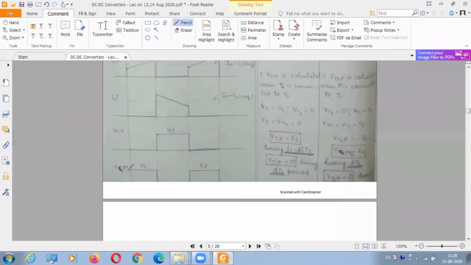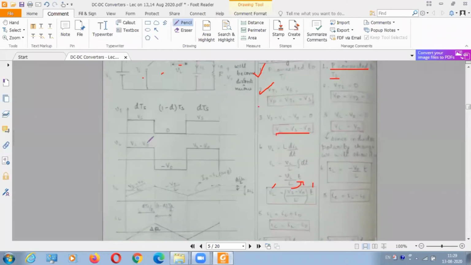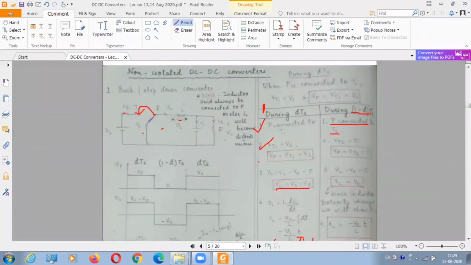Now VPT2, what will be PT2 during this period? Now see this figure. This T2 point is open, and T2 is connected to ground.